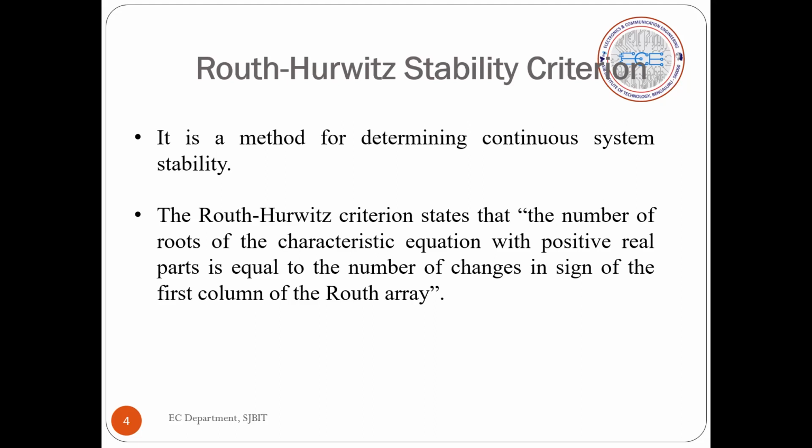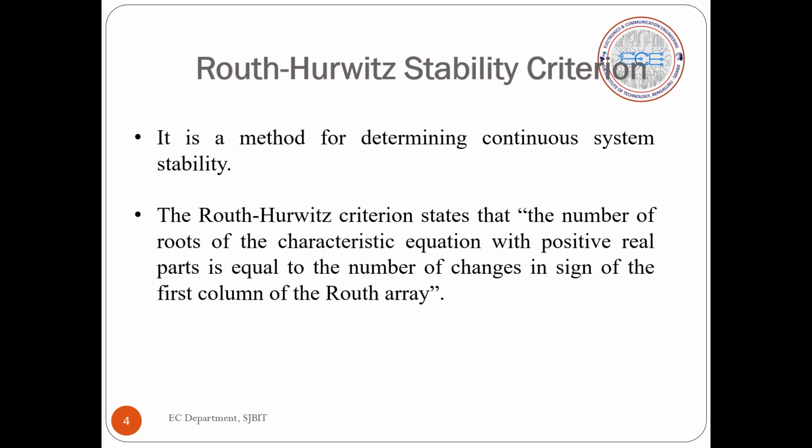The Routh-Hurwitz criterion always gives the number of roots of the characteristic equation which are in the right side of the S plane. I repeat, this Routh-Hurwitz criterion gives us the number of roots in the right half of the S plane, which cause instability, as the number of sign changes in the first column of the Routh table. So we will be writing a Routh table according to the Routh-Hurwitz stability criterion.